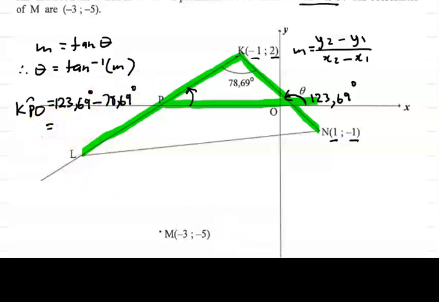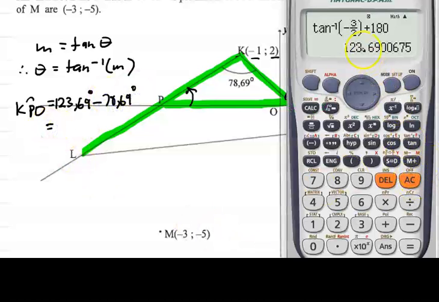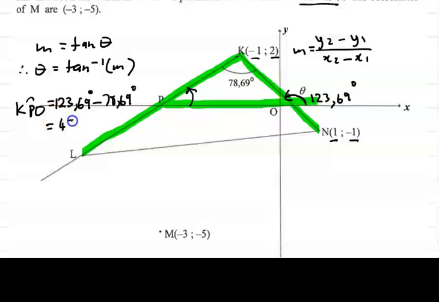If we put that in our calculator, 123.69 minus 78.69 equals 45 degrees. So our angle here is 45 degrees.